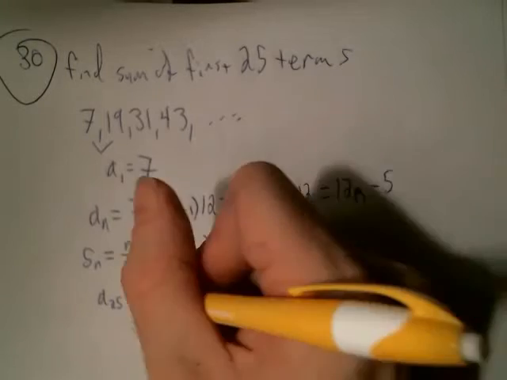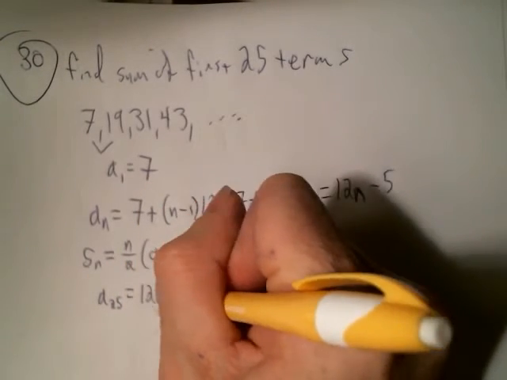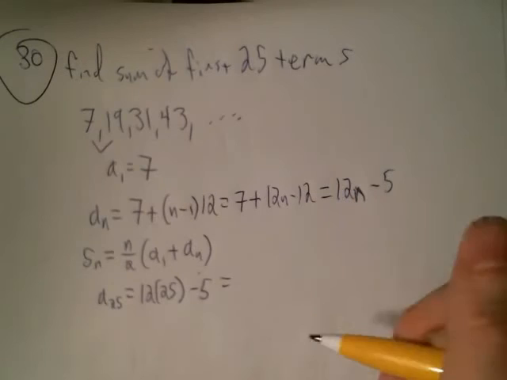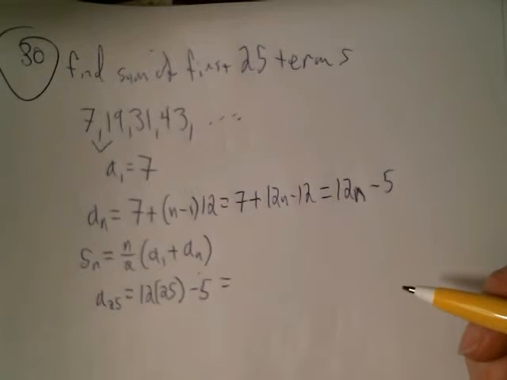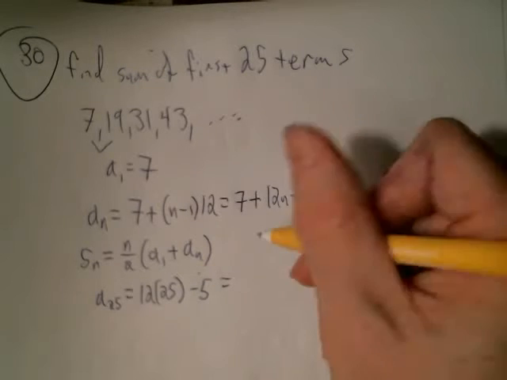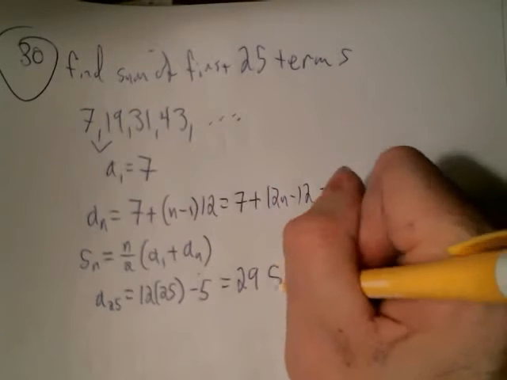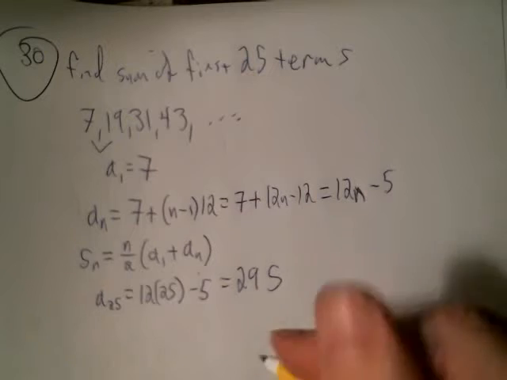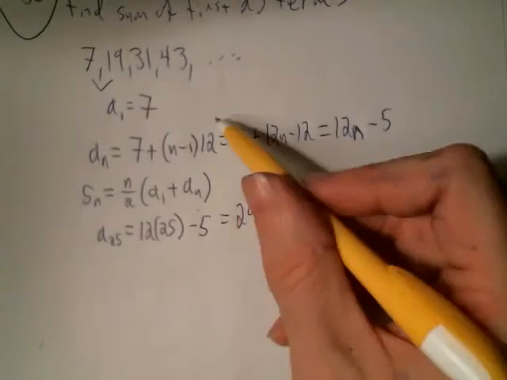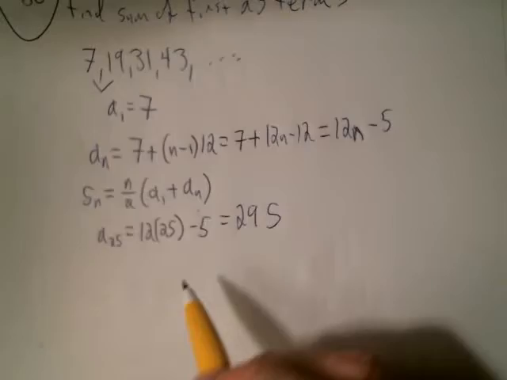A sub 25 is 12 times 25 minus 5, I think it's 295. Let me get my calculator. Yeah, okay, we're good.